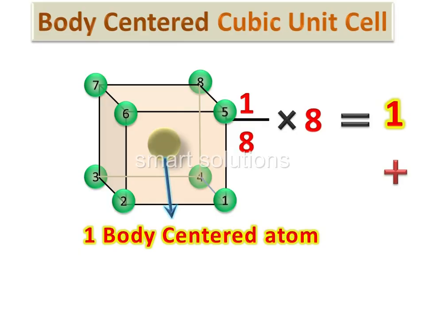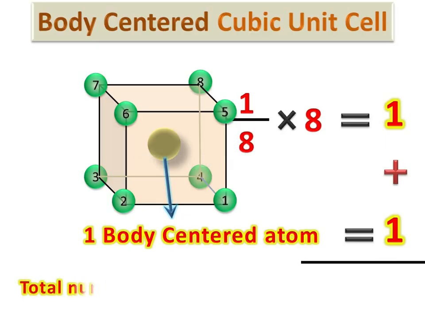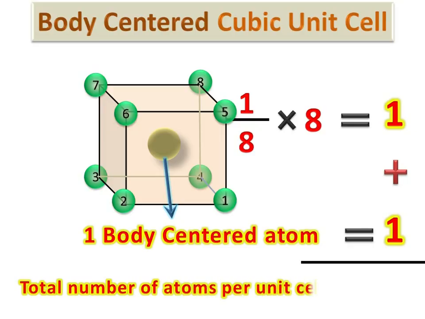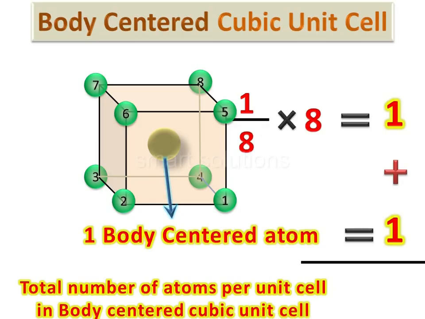Thus, the body-centered atom completely belongs to that particular unit cell, so 1 into 1 is equal to 1 atom. So the total number of atoms per unit cell is 1 plus 1, which is 2 atoms.